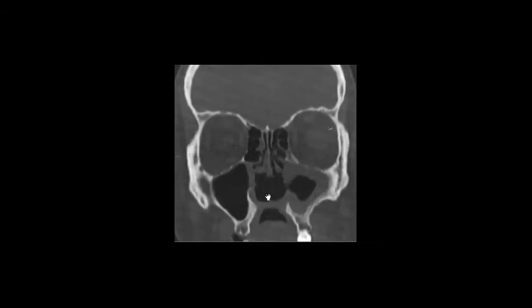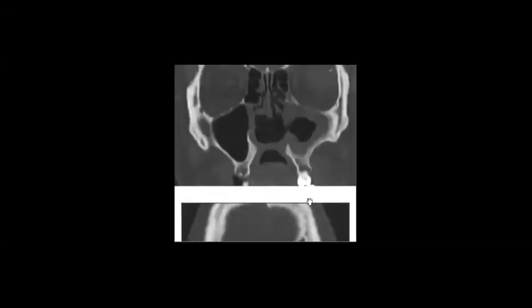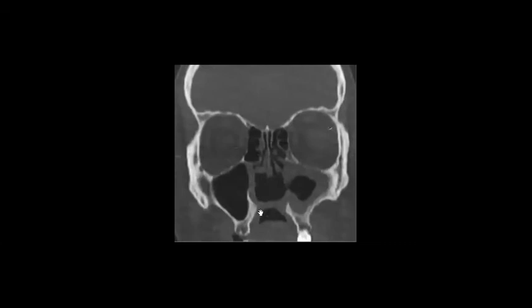The destruction even includes the hard palate, the nasal septum, which is here, and also the turbinates. So there is complete destruction of these structures. There is small soft tissue thickening here, also in the left maxillary sinus.